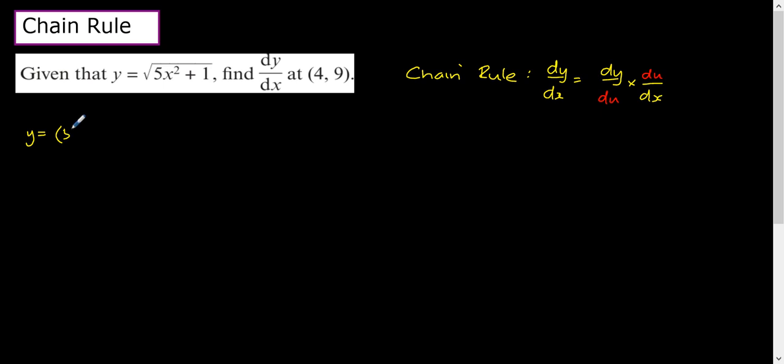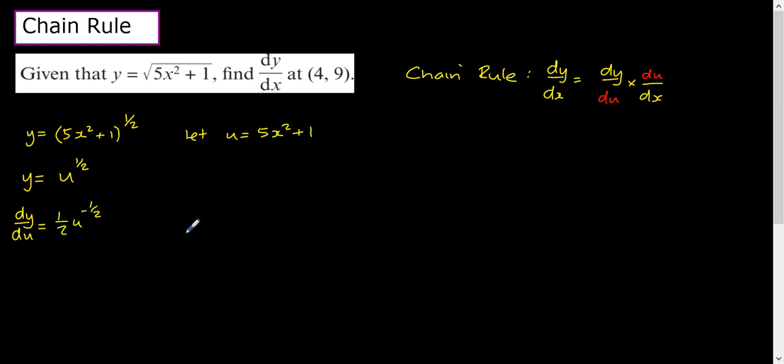That's the same as 5x squared plus 1 raised to the power of a half. Now we're going to let u equal this 5x squared plus 1, the thing that's in the bracket, which means that y now becomes u to the power of a half, and we're going to find dy by du and du by dx. So dy by du here is going to be 1/2 u to the power of minus a half, just differentiation.